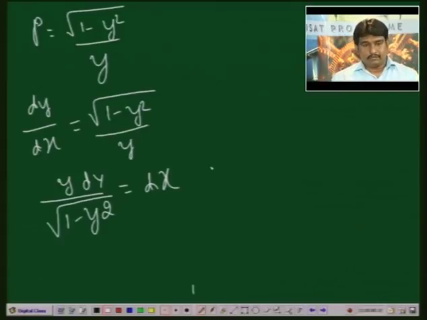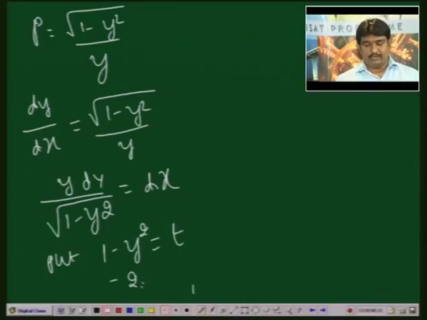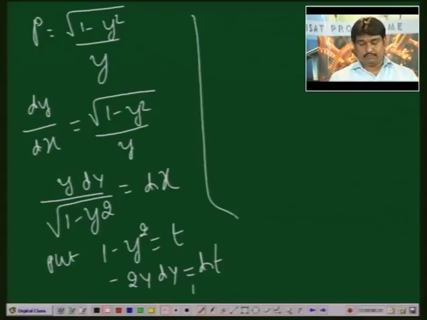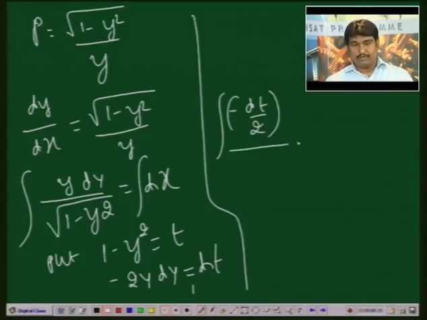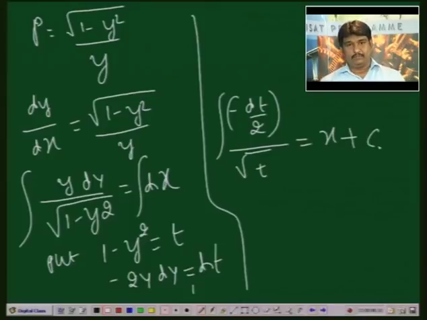Okay, you have to integrate it. Put 1 minus y square as some new variable t, then minus 2y dy becomes dt. Therefore, integration of y dy is minus dt by 2, divided by root of 1 minus y square, which is root t, equals integration of dx, which is x plus some constant c.